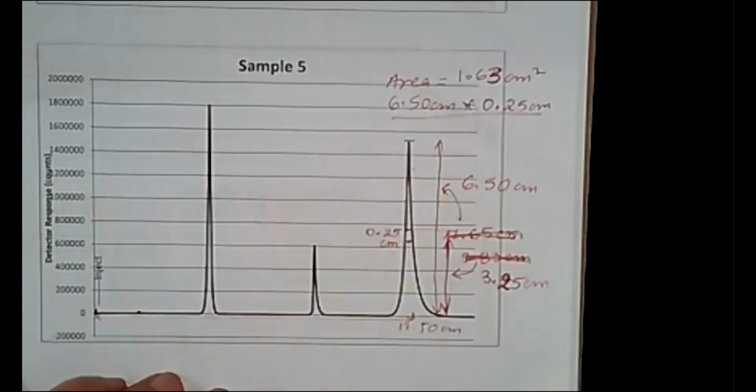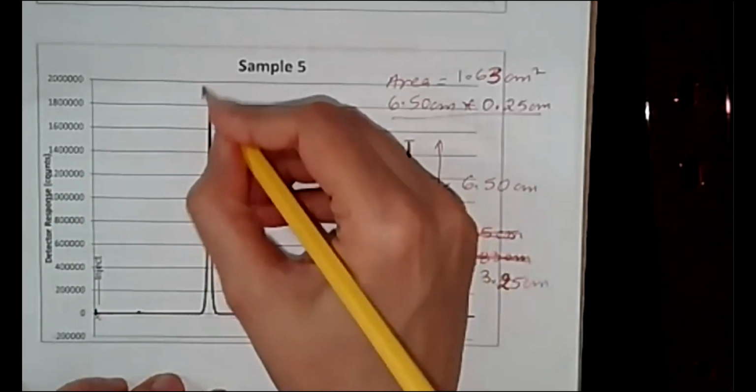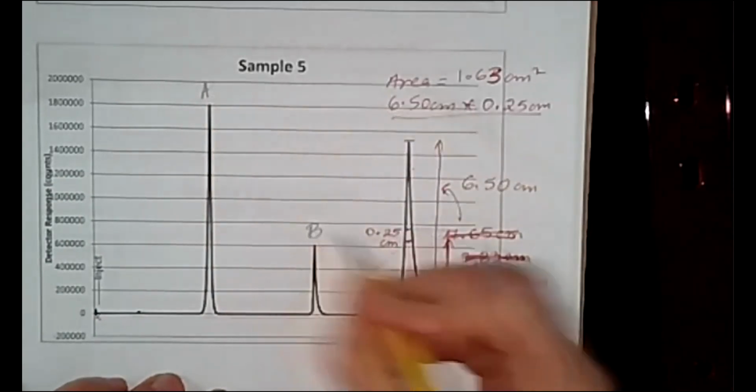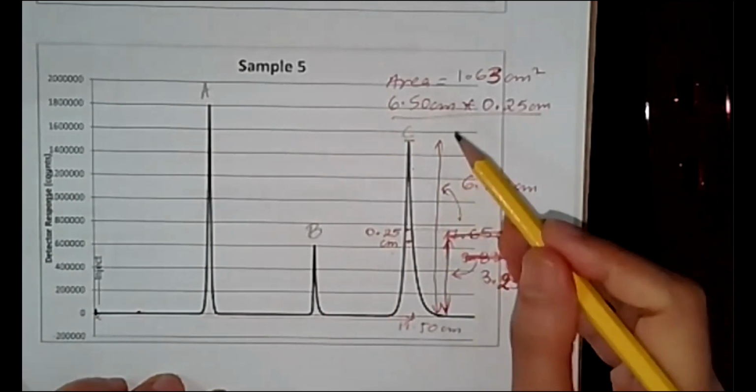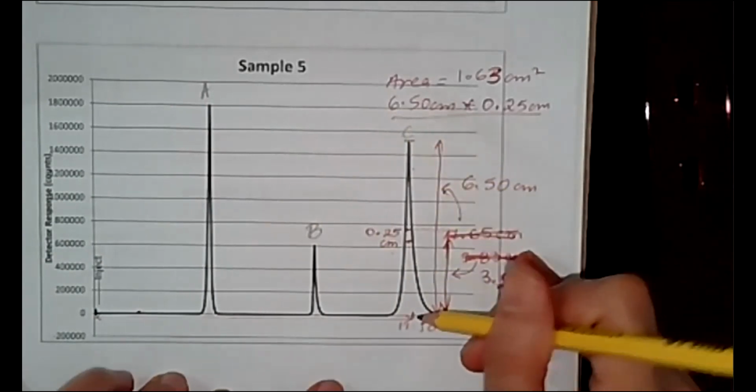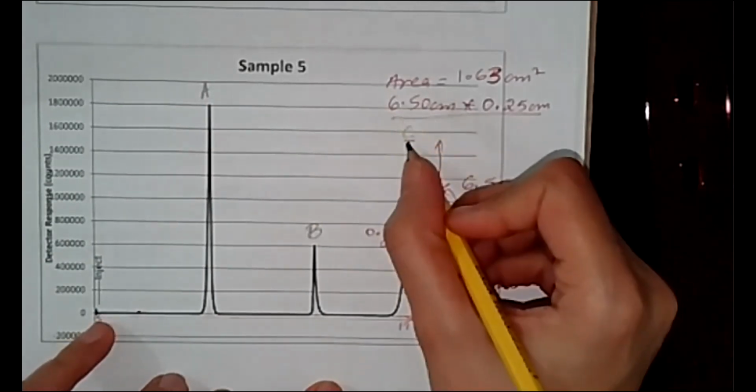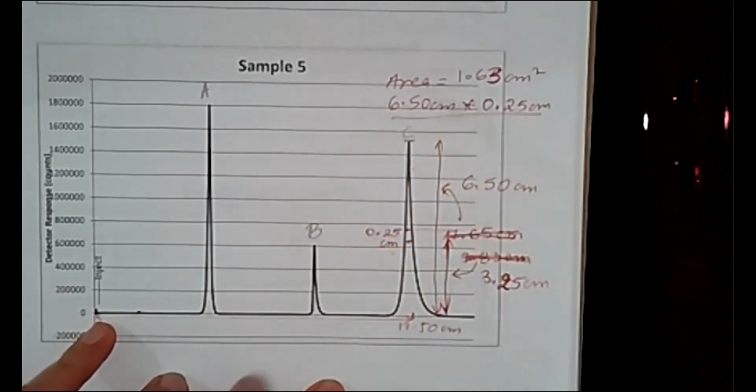So let's calculate area under one of these peaks. So let's say this is peak A, peak B, and peak C. And we wanted to figure out the area under peak C. So you are going to find the highest point of this peak.